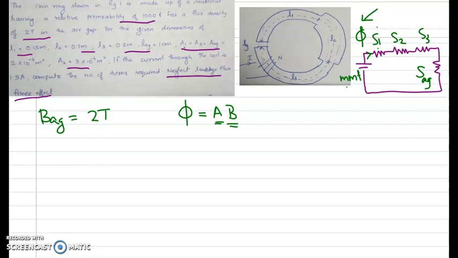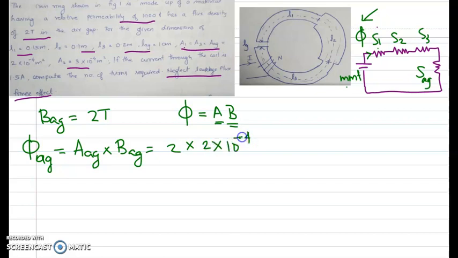So phi in the air gap will be equal to the area of the air gap into the flux density B. That is 2 into 10 to the power of minus 4 into 2, so you will be getting 4 into 10 to the power of minus 4.